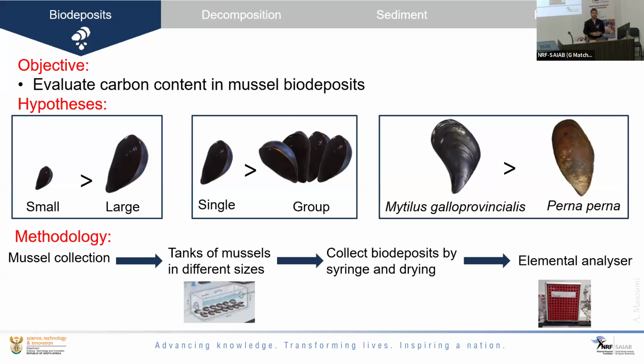The next one is mussels will produce more biodeposits in single tanks than group tanks due to less competition. And the last hypothesis is Mytilus galloprovincialis, as an invasive species, will produce more biodeposit than Perna perna, which is an indigenous species.